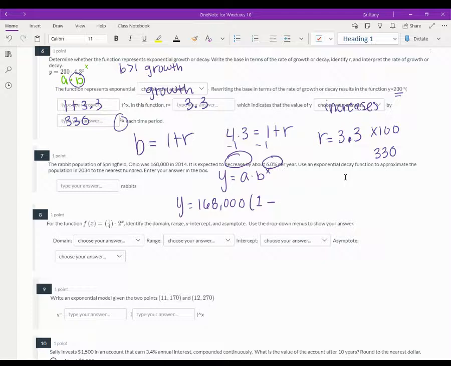So I want to divide by 100 to get my rate as a decimal, 0.068. And then my exponent x is time. How much time passes from 2014 to 2034? That is 20 years.